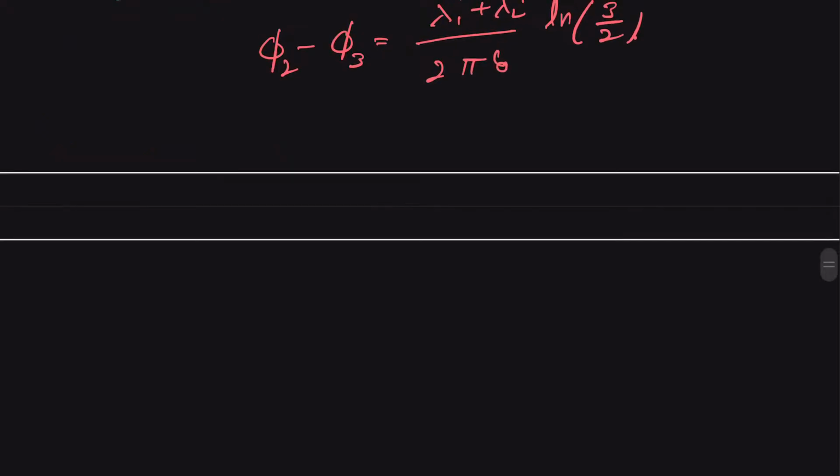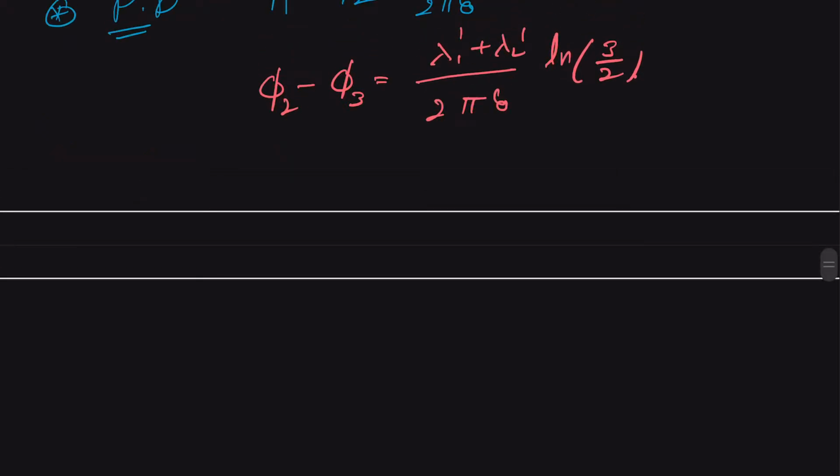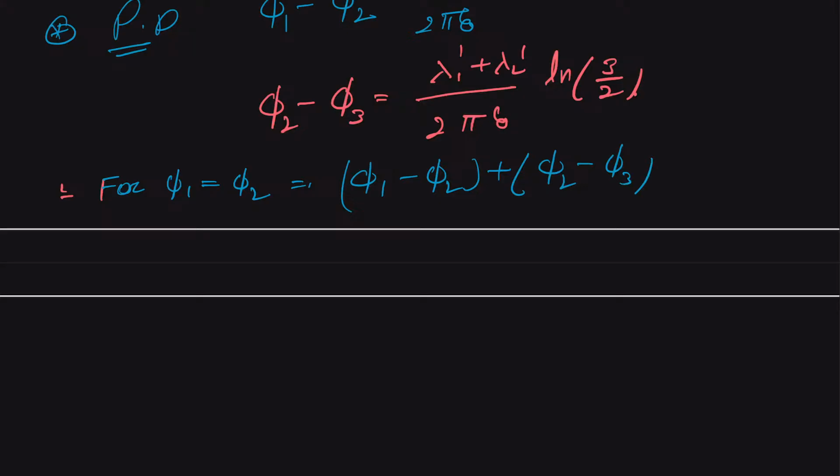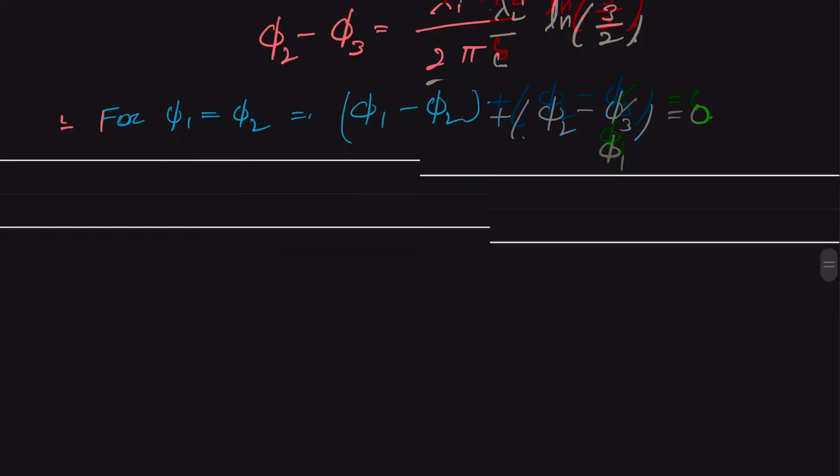Therefore phi 1 is equal to phi 3, so phi 1 minus phi 2 plus phi 2 minus phi 3, where in place of phi 3 we can write phi 1, means all the terms sum to 0.